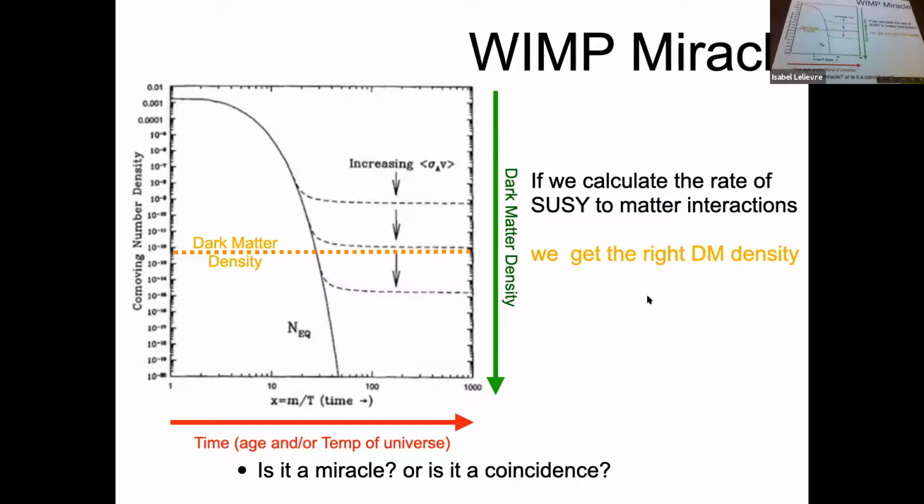You are probably all familiar: if you take something that has electroweak order couplings, with the mass of the weak bosons, maybe a little bit heavier, and you let it freeze out, you get the right dark matter density. So this was the WIMP miracle, and everybody said it was a miracle at the time.